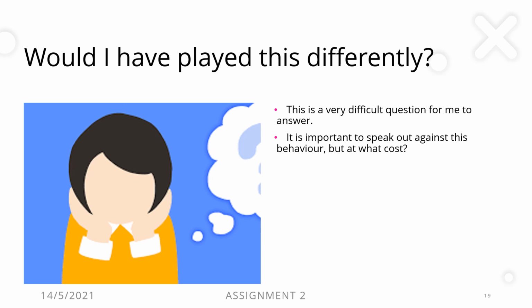But speaking out comes at a cost as well to the mental health of the people who do decide to speak up. And so I honestly don't know whether, if I was presented with this situation or a similar situation again, I would speak up initially or stay quiet.